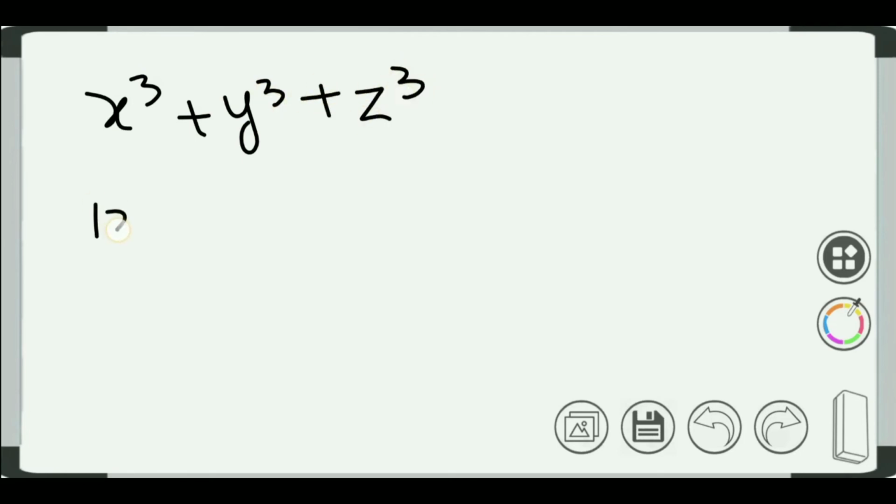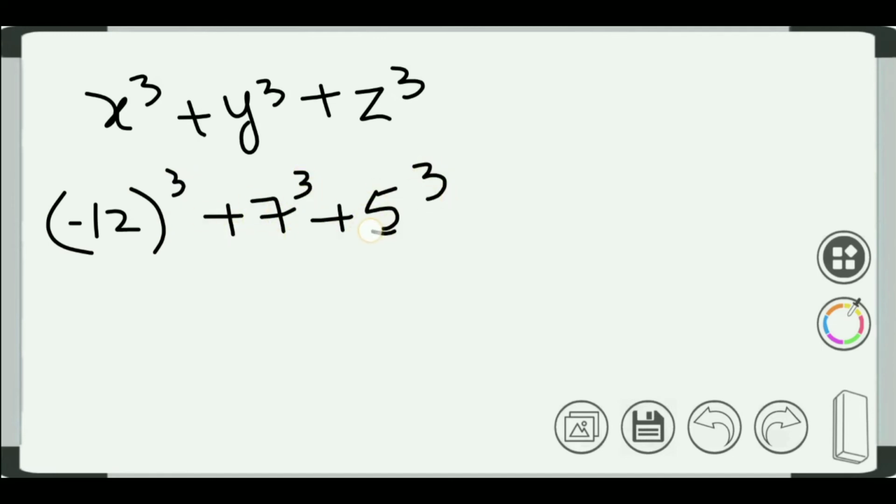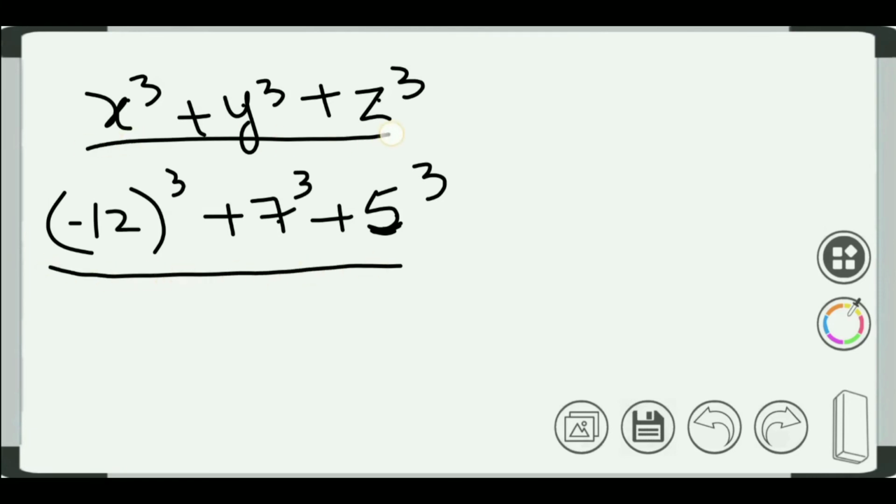If suppose you got a question like this, x cube plus y cube plus z cube in this form, for example 12 cube minus 12 cube plus 7 cube plus 5 cube, okay, this is in which form? x cube plus y cube plus z cube. Which identity will you use? You don't have any identity like x cube plus y cube plus z cube.